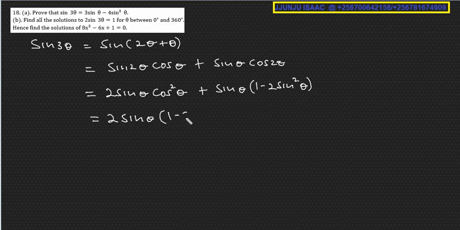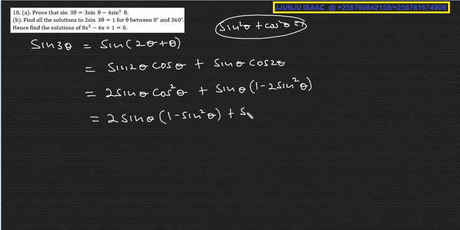I will take 1 minus sine squared theta from the Pythagorean identity of sine squared theta plus cos squared theta equal to 1. So cos squared can be written as 1 minus sine squared, then plus sine theta here minus 2 sine cubed theta.